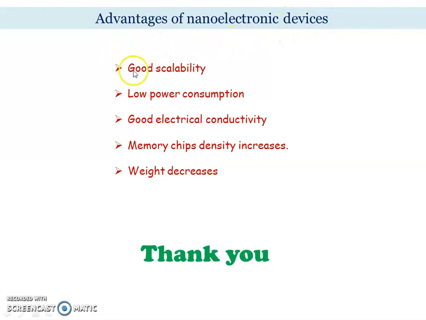So it gives good scalability, which means the size of the device is going to be very much less. Then low power consumption: power consumption is very less, and it gives better electrical conduction.